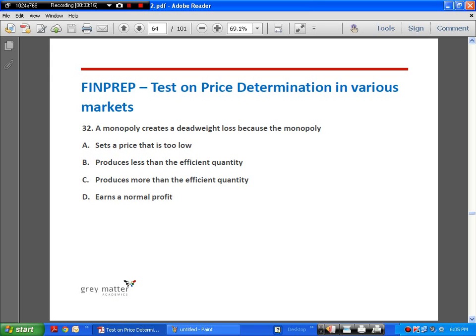32nd question. A monopoly creates a deadweight loss because the monopoly sets a price that is too low, produces less than the efficient quantity, produces more than the efficient quantity, earns a normal profit. Now, a monopolist is always a profit seeker.